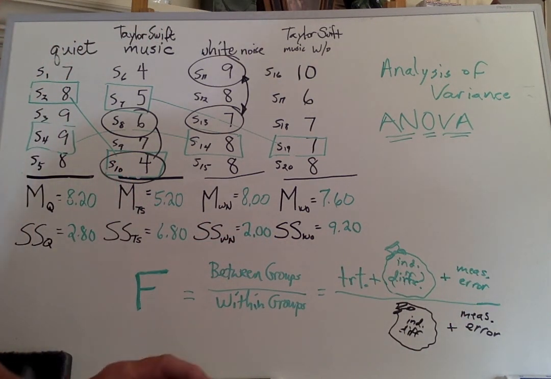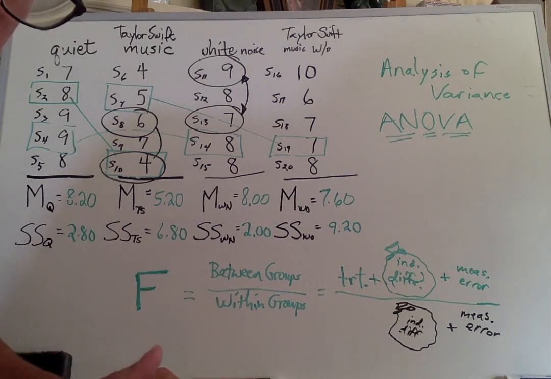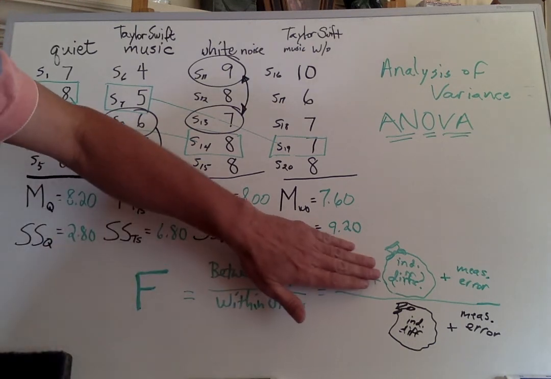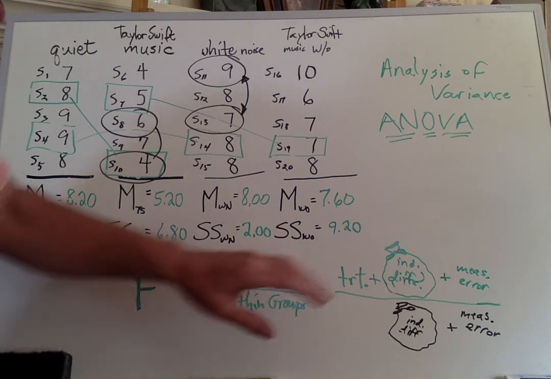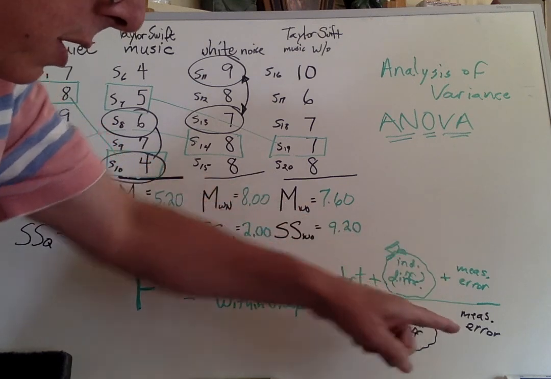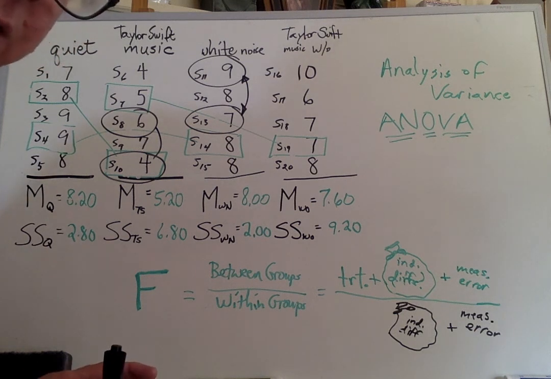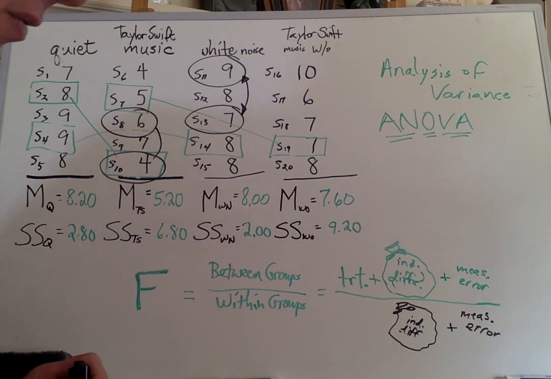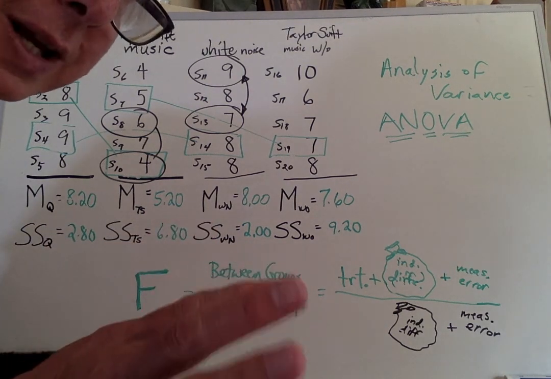Now, I have a question for you, my stat students. If the null hypothesis is true in reality, which would mean what? Which would mean there's no treatment. If the null is true, that there's no treatment, and if we have the assumption that these two are equal and these two are equal, then what would F be equal to? Now, some of you might think 0, and I'm like, well, wait a minute.